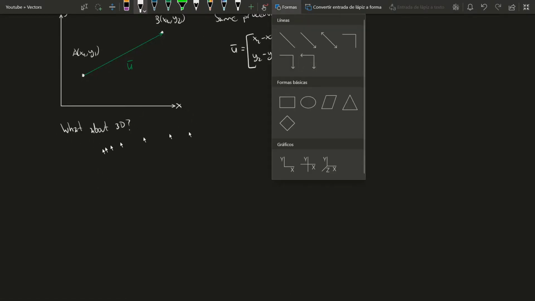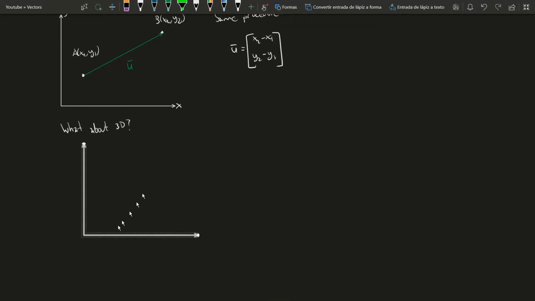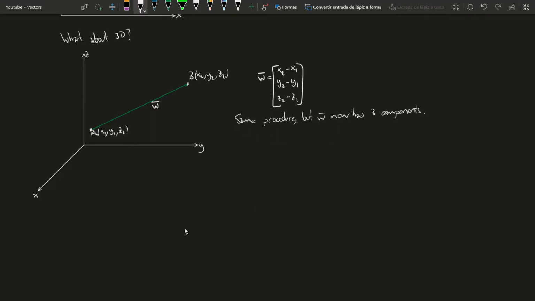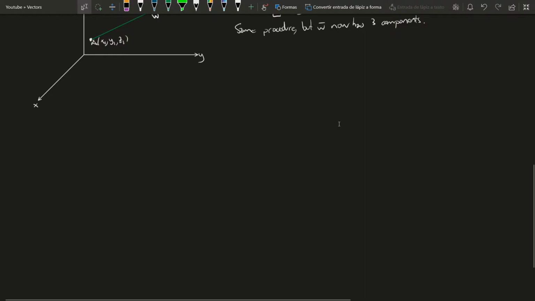What about 3 dimensions? The procedure is exactly the same. Take 2 points and subtract component by component the beginning point from the end point. The only difference is that this time you'll have 3 components instead of 2. And for dimension n? Well, you guessed it, it's exactly the same.